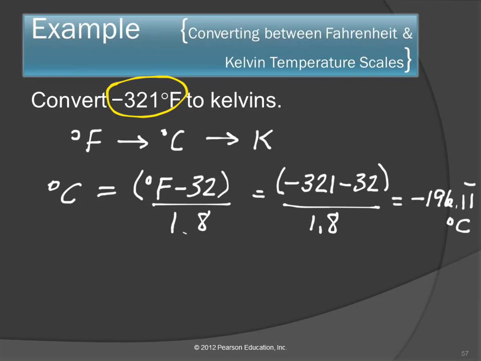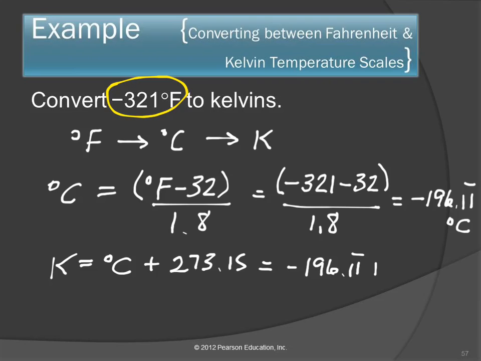Now I'm going to take that number and convert to Kelvin. Kelvin equals degrees Celsius plus 273.15. So I'm going to take that minus 196.111111, and I'm going to add 273.15. I have that number still in my calculator.